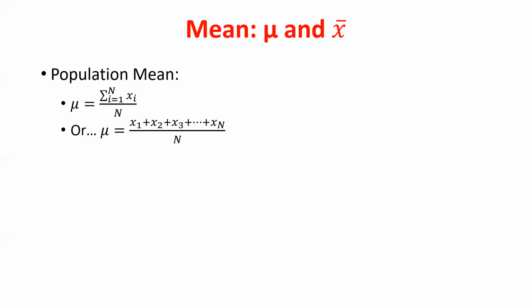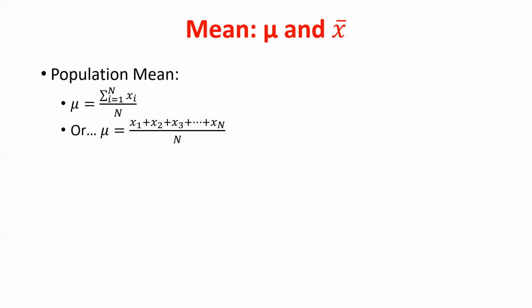Okay? So if we're going to find the mean for this huge data set, what we're going to do is go through every observation, add up the value for that X variable for every observation, and then divide by, well, how many numbers would we have? The total number of observations. Right? So we're going to go to the very first observation, take the value we see for the X variable, add to that the second observation's value for that X variable, add to that the third, all the way up to the last observation, which we're going to call capital N, the total number of observations in a population data set.